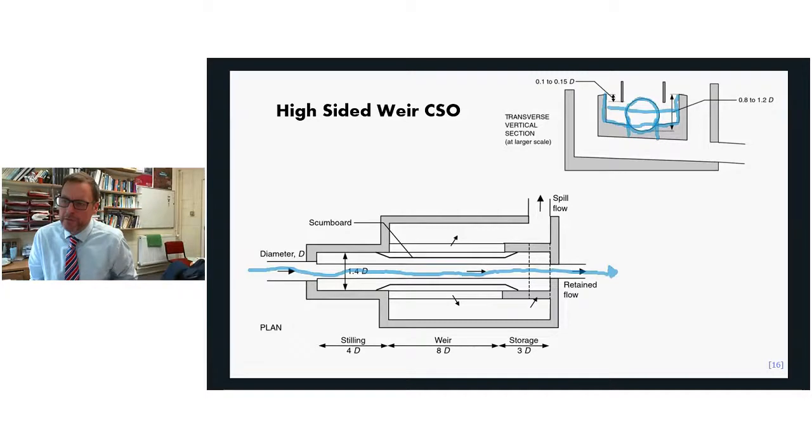So you obviously reach the point where the flow is going to go over and off and away to the river. And the same on this side, basically. Okay, so that's all fine.